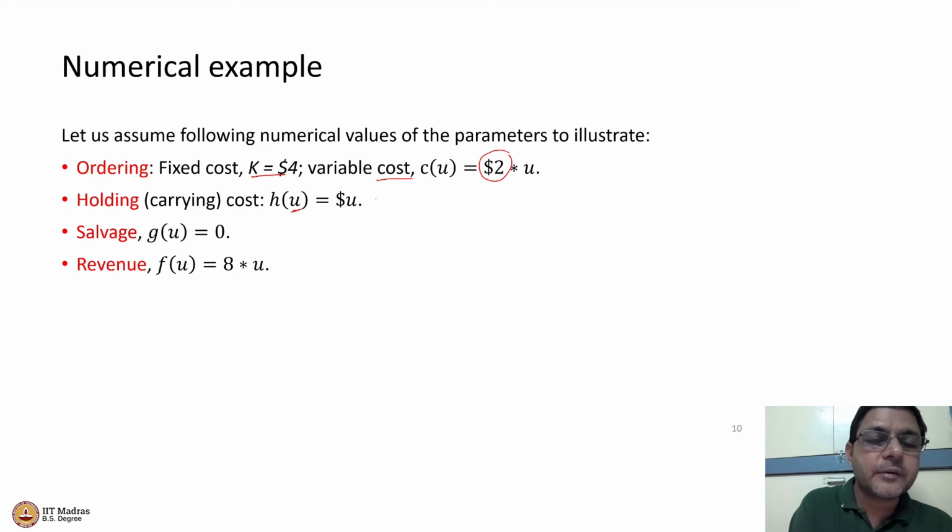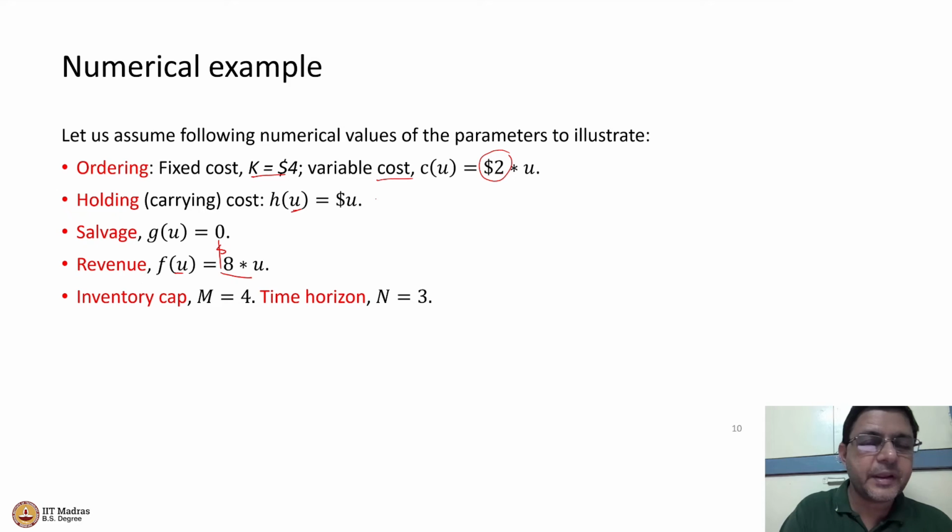Revenue, I should have put a dollar sign here. So what is revenue? It is price times units sold, where u is the units sold. So it is $8 per unit of sales. Okay, so that's our cost function. Inventory cap is 4.